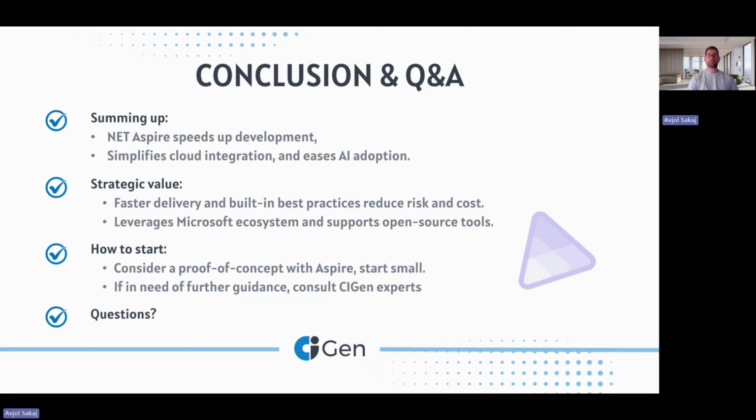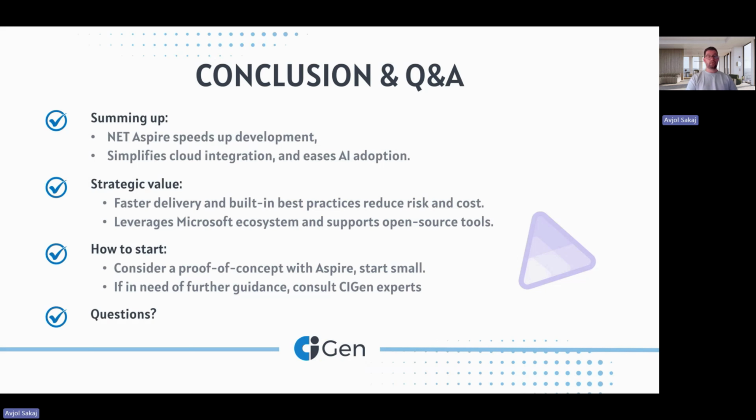By adopting Aspire, you get a modern, development-friendly platform backed by Microsoft. .NET Aspire is a comprehensive platform that speeds up development, simplifies cloud integration, and makes AI adoption easier for .NET applications. Its strategic value is faster delivery and building best practice, which reduces risk and cost.